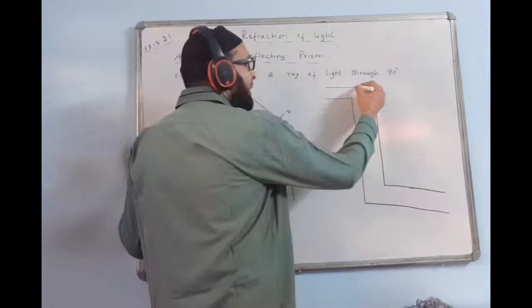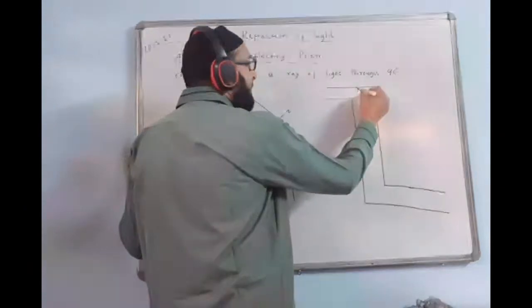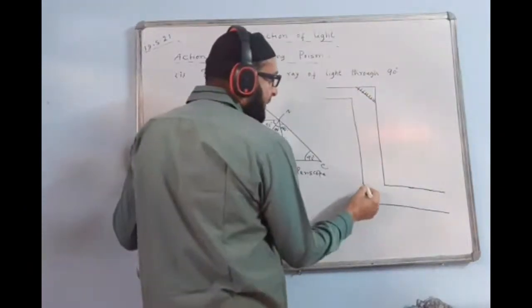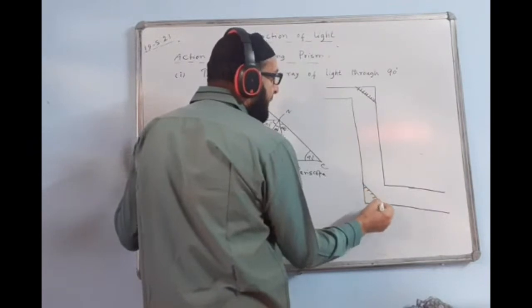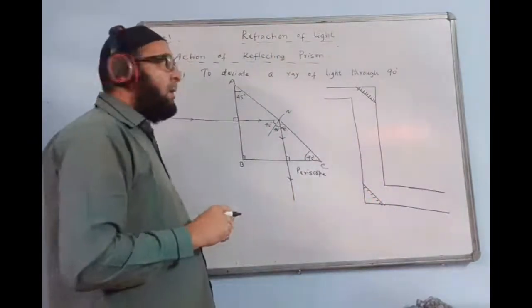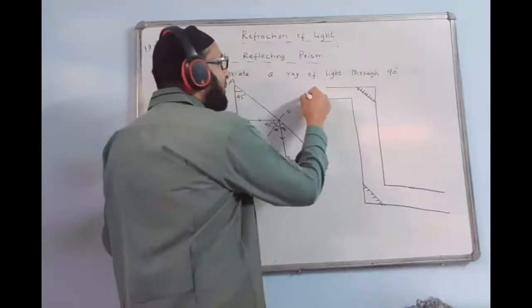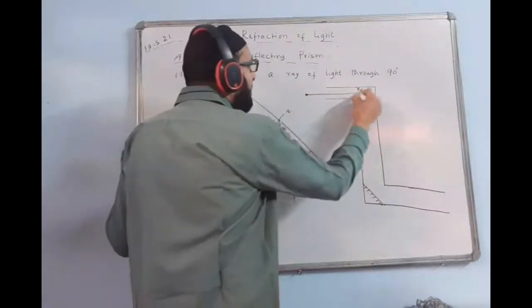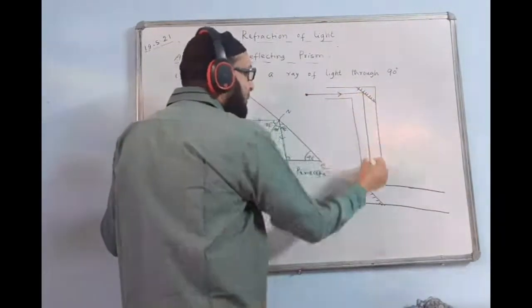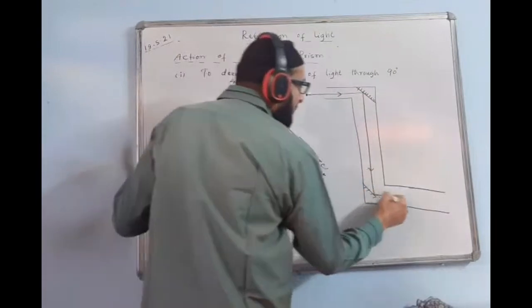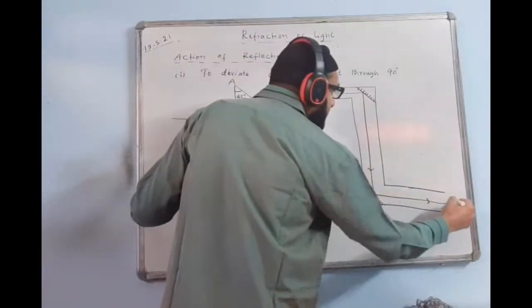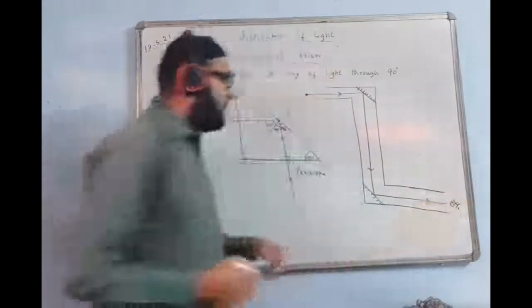Here there are two mirrors, one plane mirror here and another plane mirror here, kept at an angle of 45 degrees. A ray of light from a greater height will come like this, turn here, and it is seen by the observer here.